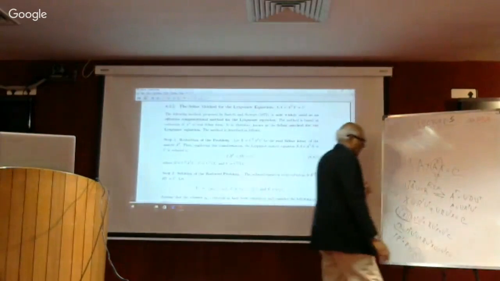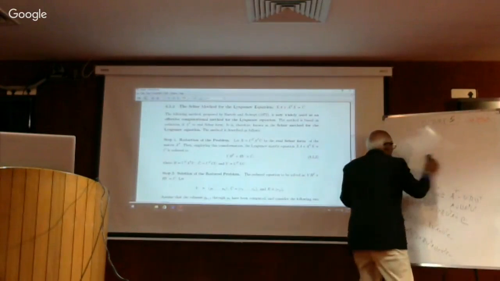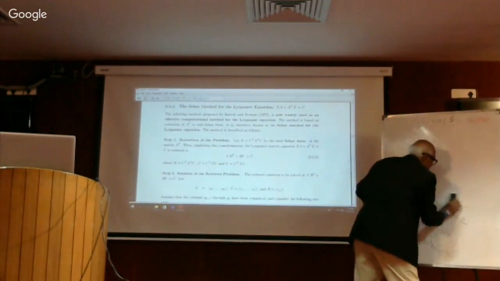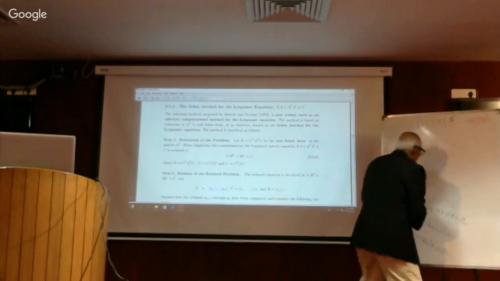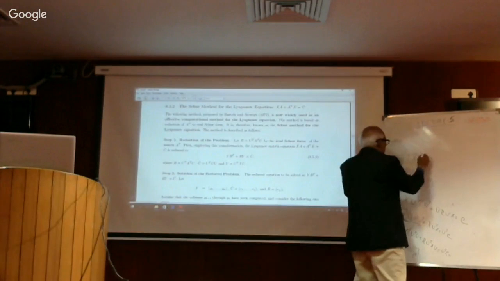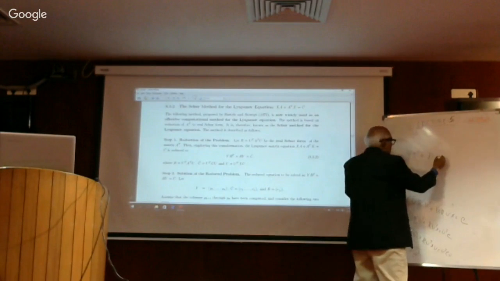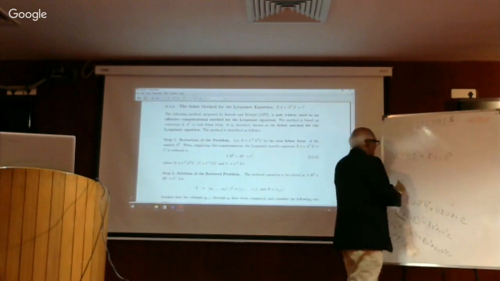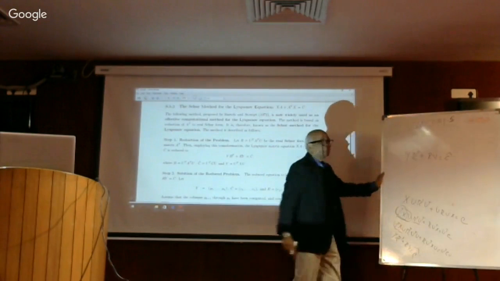Suppose for the simple case, this is what we are trying to solve: Y R transpose plus R Y equal to C hat.